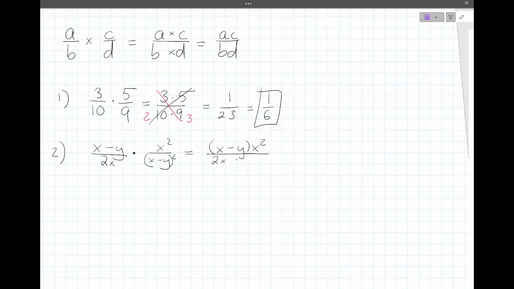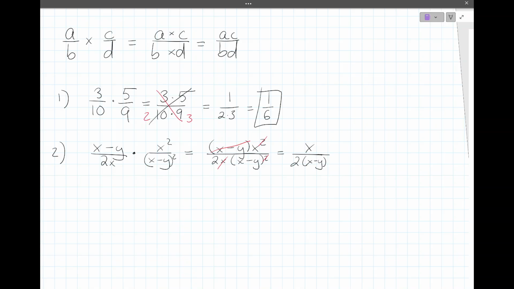That's 2x times (x minus y) squared. X minus y is going to be its own number, so that gets to cancel with that exponent, right? Everything is multiplication now. The 2 and the x, one of the x's cancel out from there, right? That's x squared over x, so that's 2 minus 1, that's 1, so a single x is left over. And what we end up getting now is x over 2 times (x minus y).